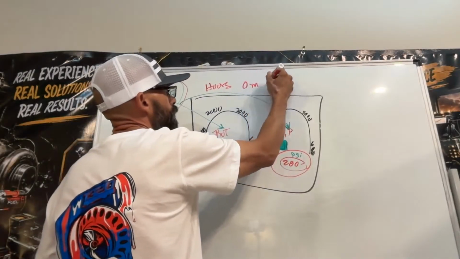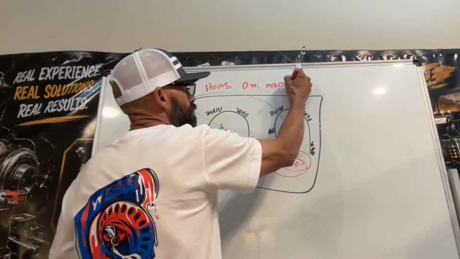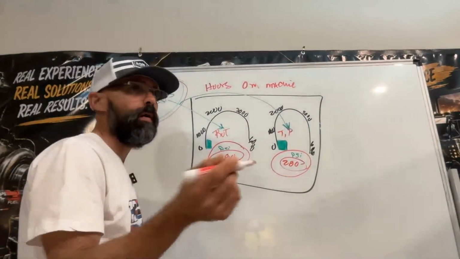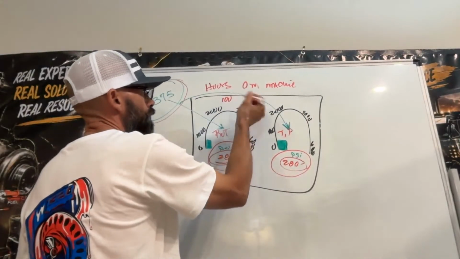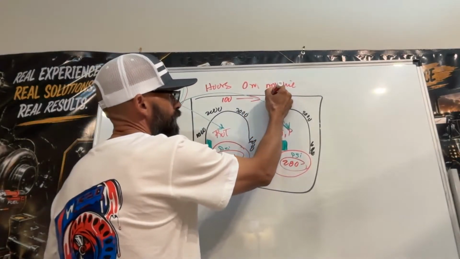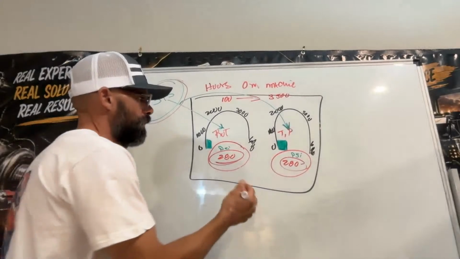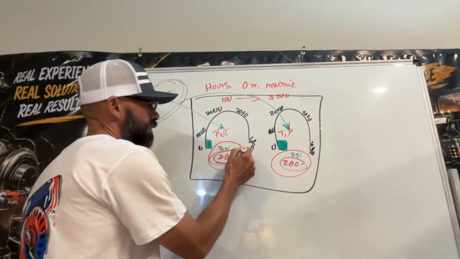It's a low idle, but also it depends on how many hours are on the machine. If you have a machine with 100 hours, you're gonna see a different reading than a machine with 3,500 hours on it, right? So let's say at idle you're seeing this.